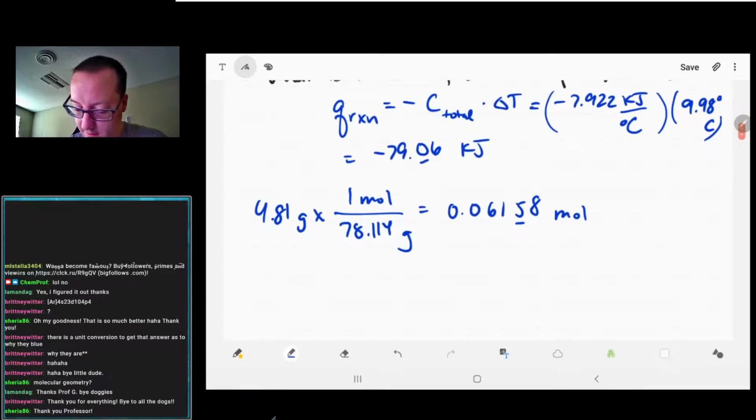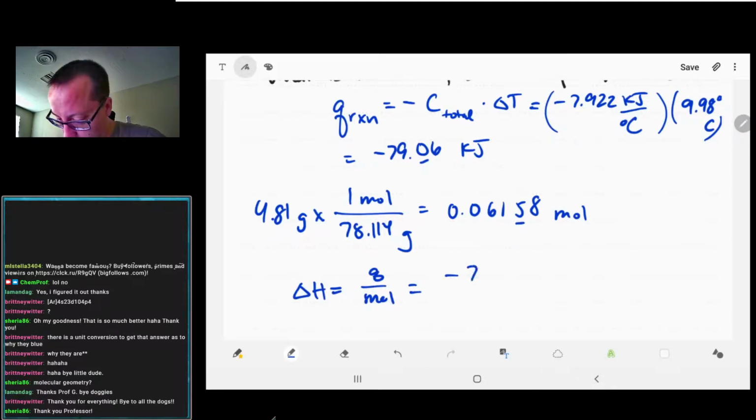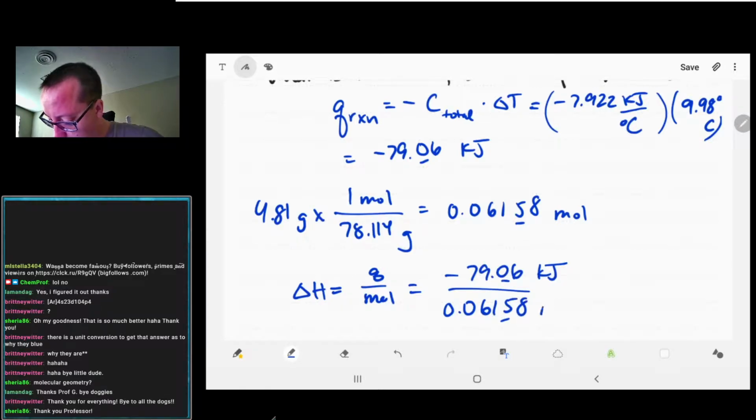And so our delta H is just our Q over the moles, right? So negative 79.06 divided by 0.06158 moles. So 79.06 divided by all that.